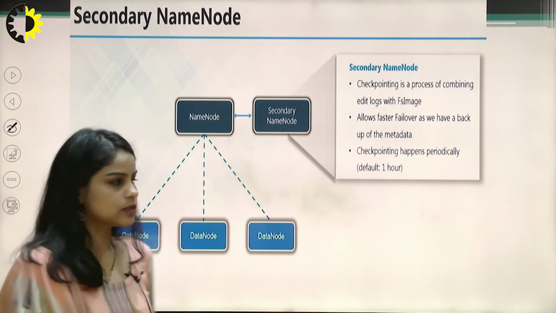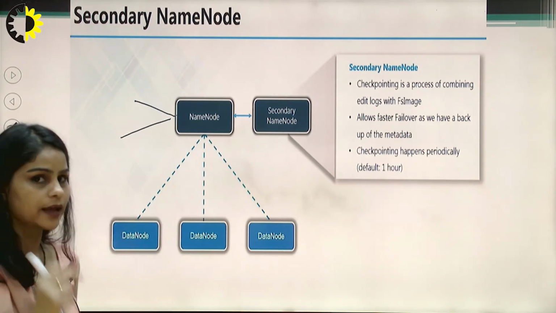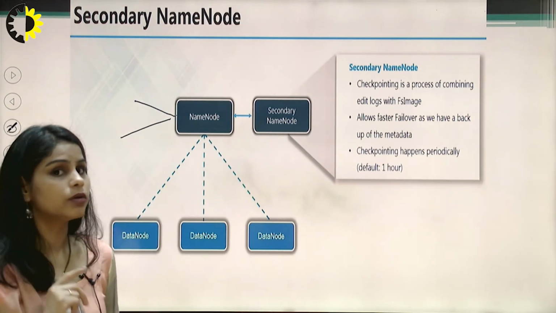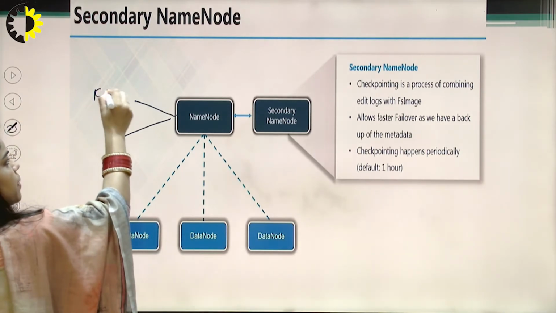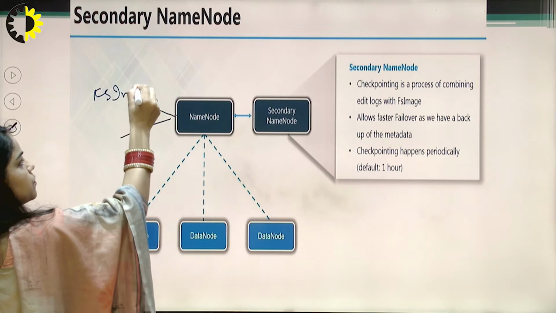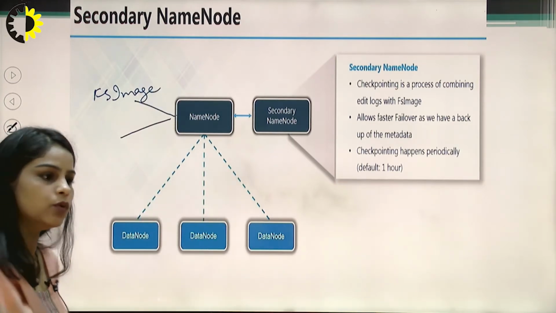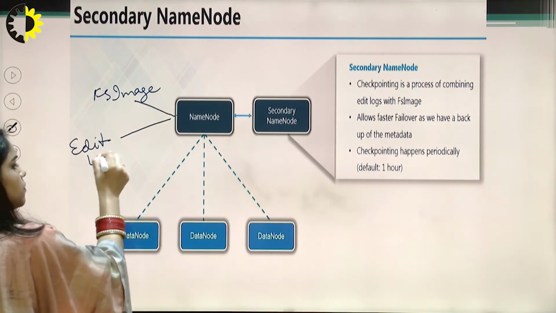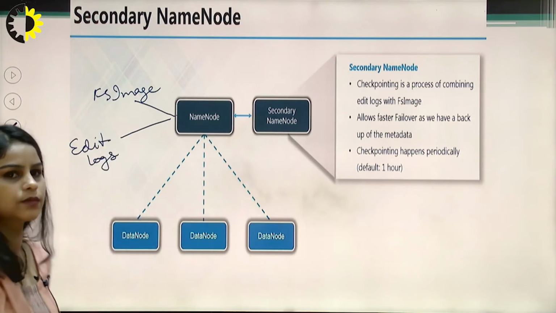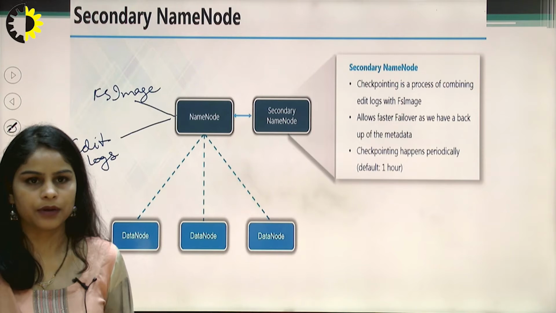Now, understand this. The name node has two things while storing the metadata about data nodes. The first thing it has is FS image. And the second thing that we have in name node is edit logs. FS image stands for file system image.